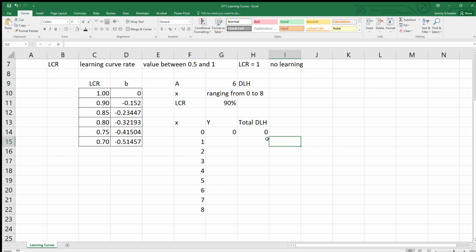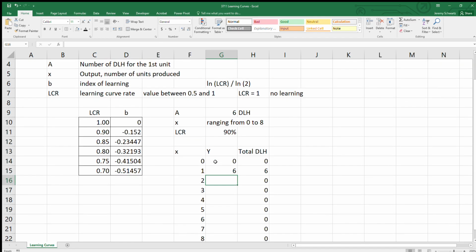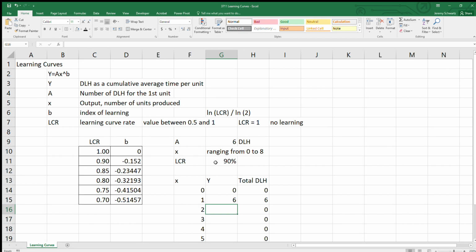So we can move our way down here and see what happens as we move forward. So the first unit took 6 direct labor hours, so that's where that's going to come into place here. So we have six direct labor hours. Now as we go and do the second one, this is where our formula above will come into place.